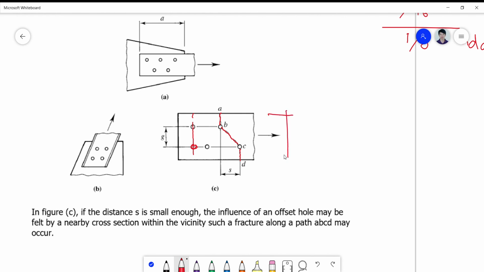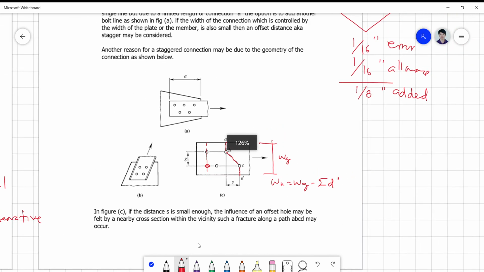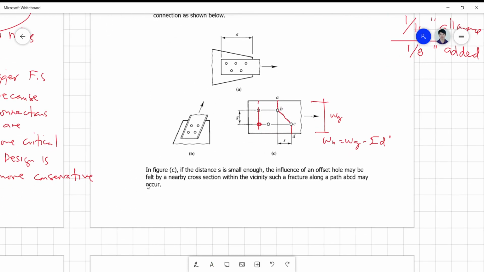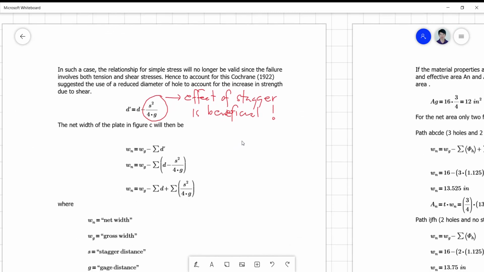This is your gross width, Wg, and the net width is simply equivalent to Wg minus the reduced diameter of the hole, which is summation d prime. Okay, so that is how the formula was derived from this.